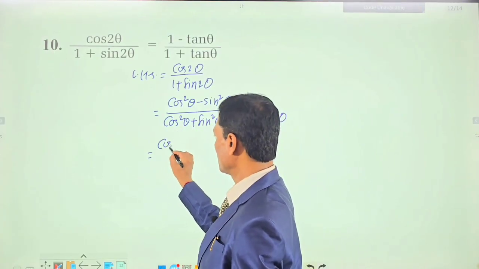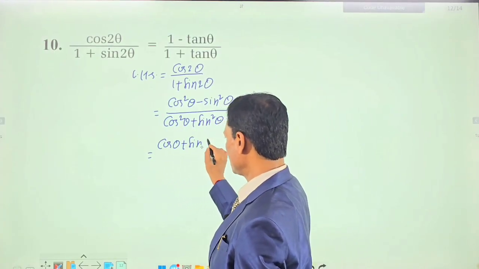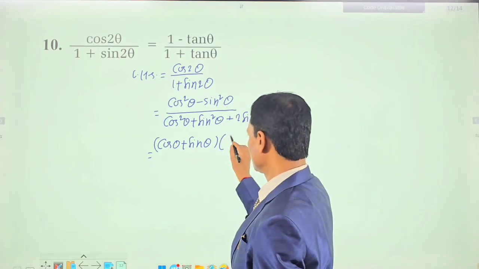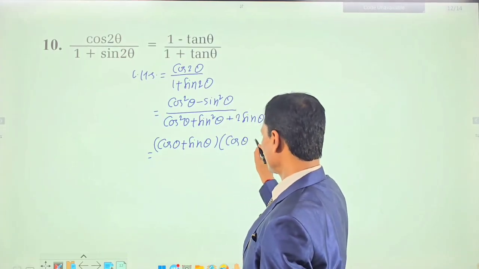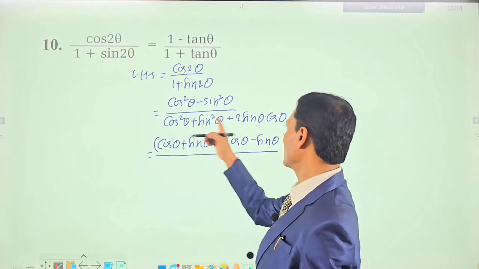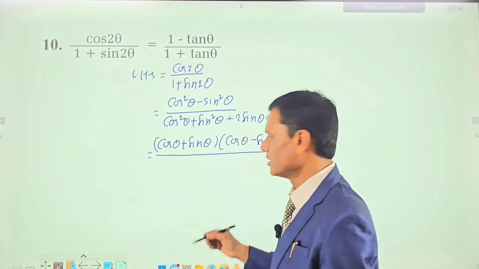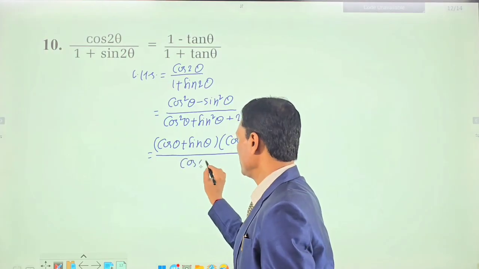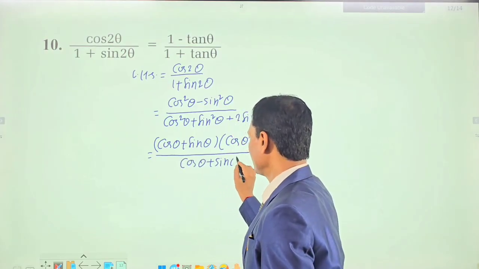So we can write cos theta plus sin theta into cos theta minus sin theta, and here a square plus 2ab plus b square, so we can write a plus b whole square.